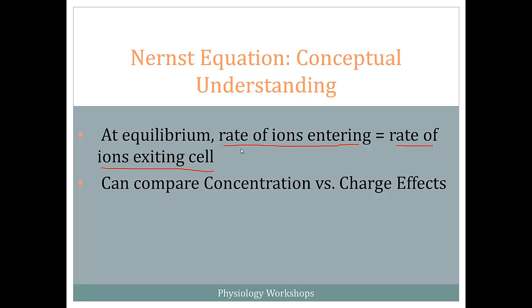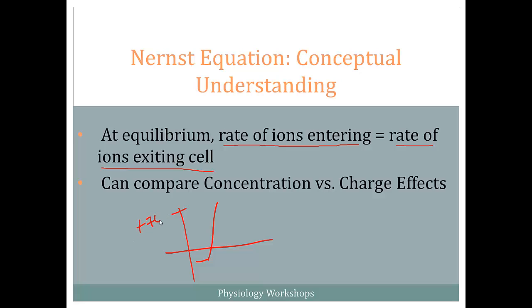So if we think about our initial example, we started out with a resting potential of negative 70 millivolts. Then we opened sodium channels. Well, I guess we started around negative 65 millivolts, and then we opened sodium channels such that the rate of sodium entering the cell was greater than the rate of sodium exiting. So if I were to draw this out again, this was what?